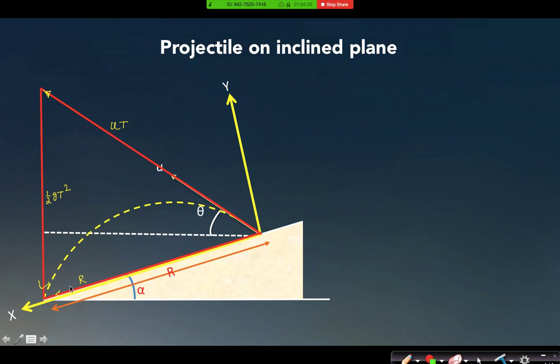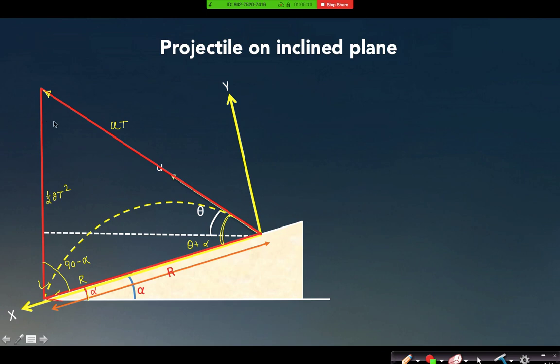Alright, can you tell me what is the angle of this triangle? Theta plus alpha. Good. What about this one? 90 minus alpha. This angle is alpha, then this is perpendicular, so this must be 90 minus alpha.